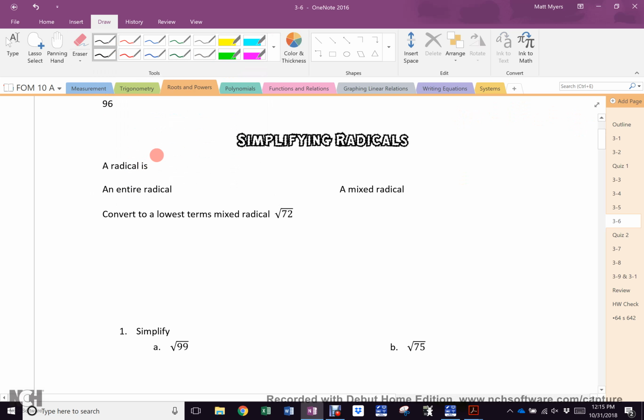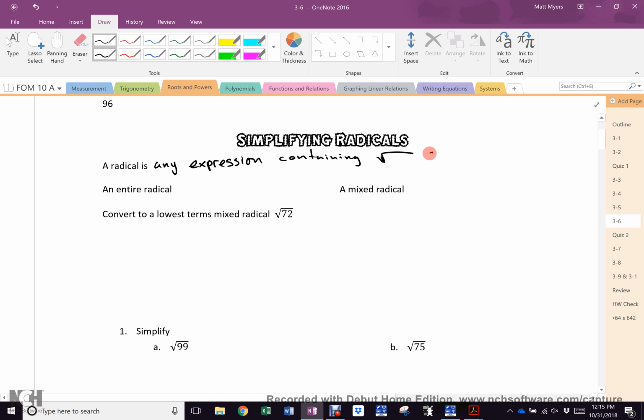A radical is any expression containing that symbol. You call that the square root symbol. But as you have realized over the last few days, it is not always a square root, is it?